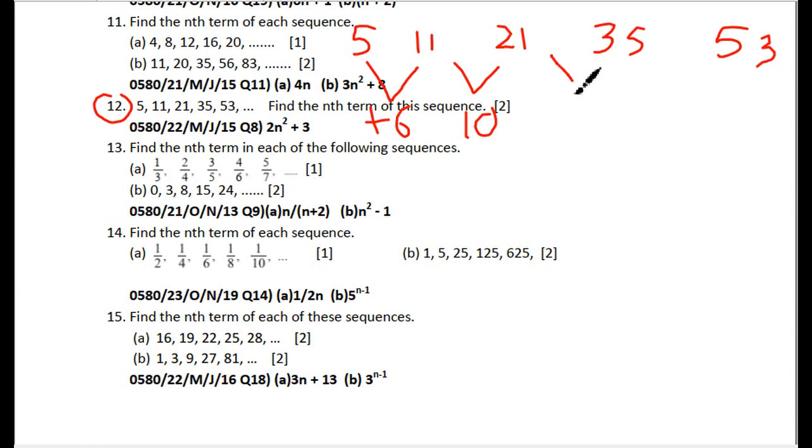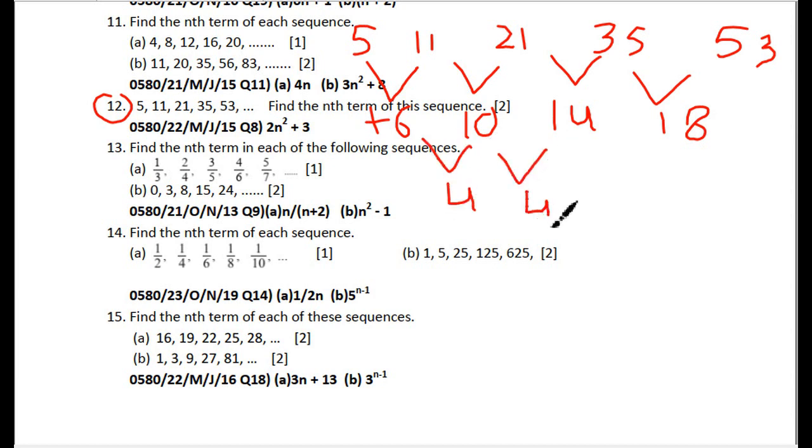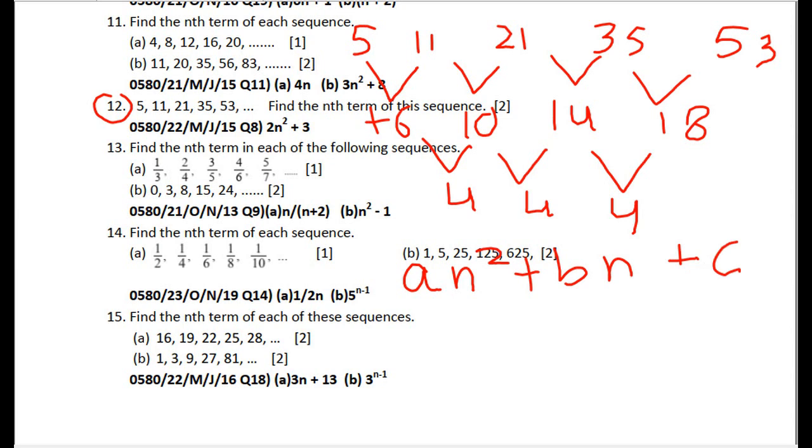Add 10. Then add 14. Then add 18. So this is a question of second level common difference, also called quadratic sequence. An square plus bn plus c is its general term. A is 4 divided by 2, which is 2. So this becomes 2n square.